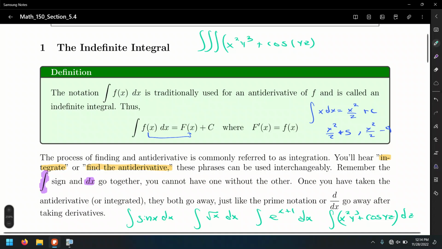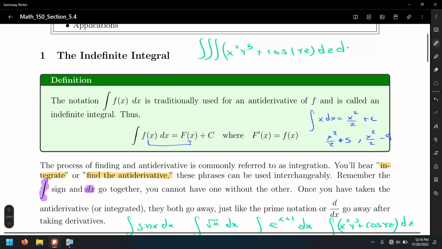Depending on the order, typically we go in descending order in the alphabet. So we integrate first with respect to z, then with respect to y, and in the end with respect to x. That's why having this dx attached to the integral is very important.